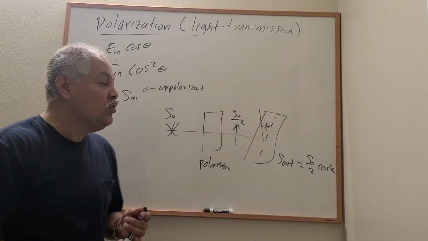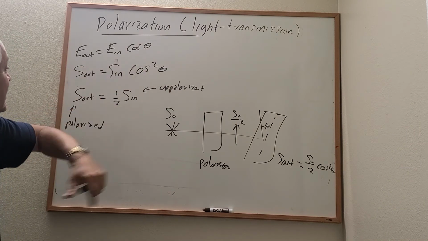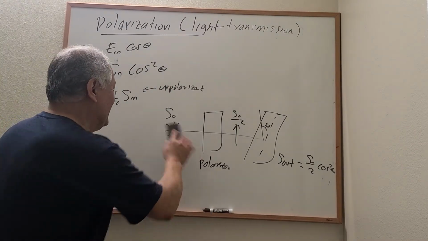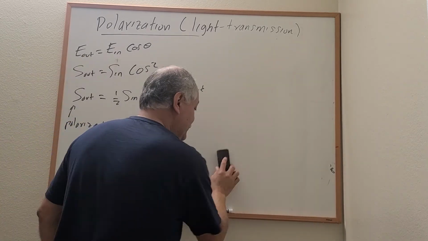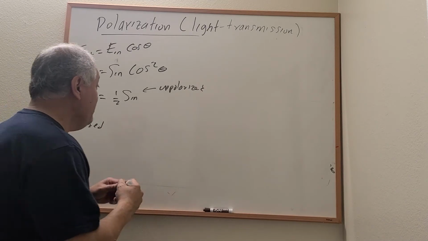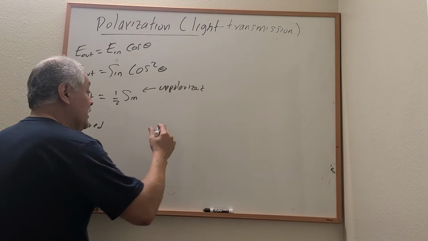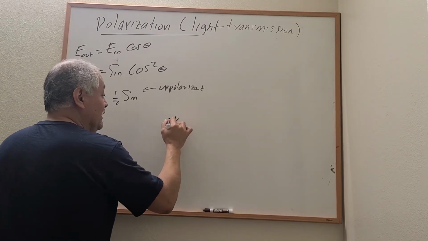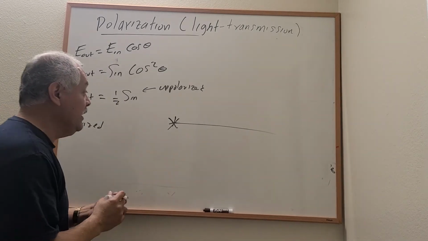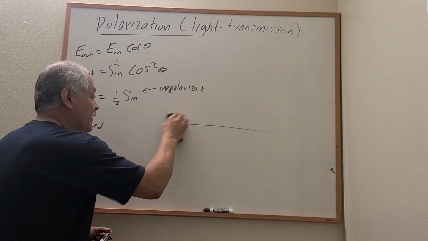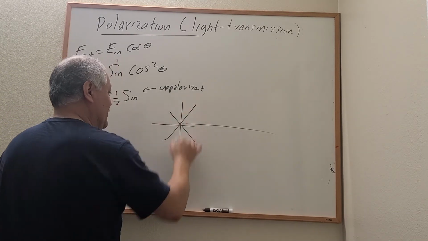Let's do one example to use these equations. Okay, let's do it. Look, imagine that at the beginning we have unpolarized light in that direction. Okay, let me make it a little bit larger. Unpolarized, like this, perfect.